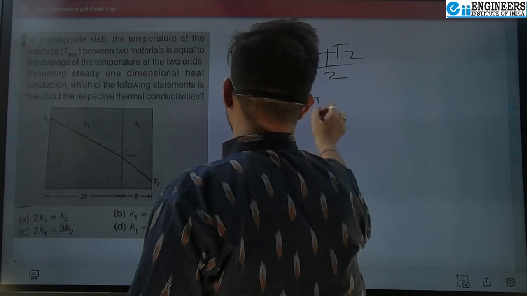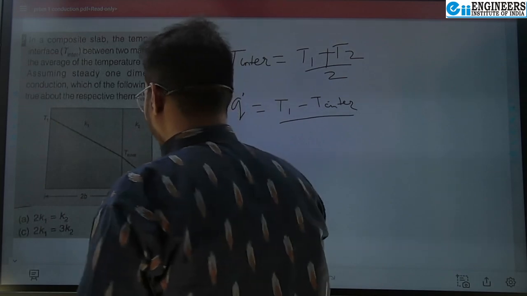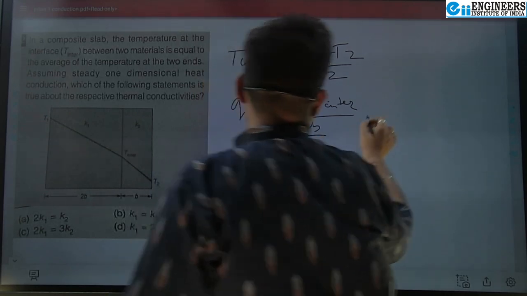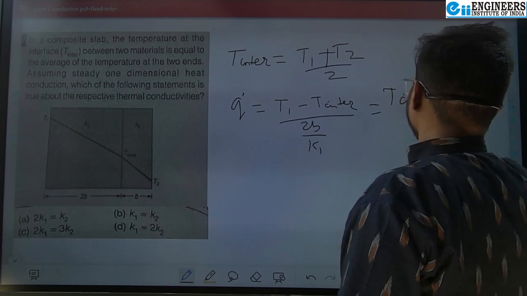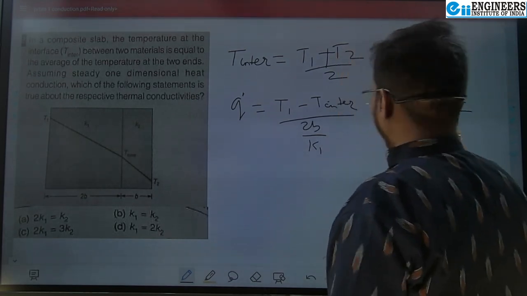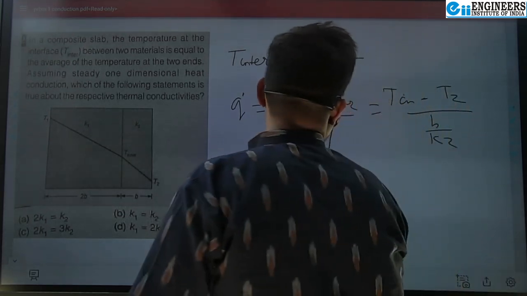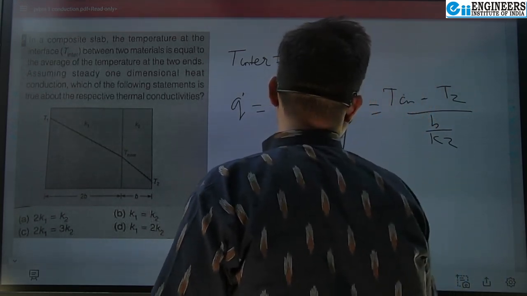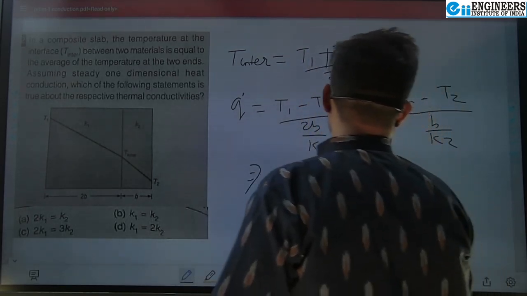(T1 minus T inter) divided by L by K. So 2B by K1 is equal to (T inter minus T2) divided by B by K2. This implies, if we see what will happen over here, we have to find an equation between this K1 and K2.